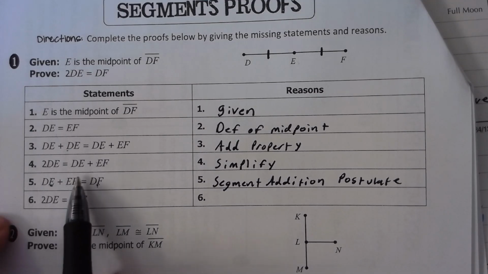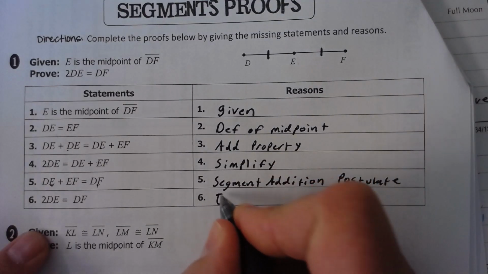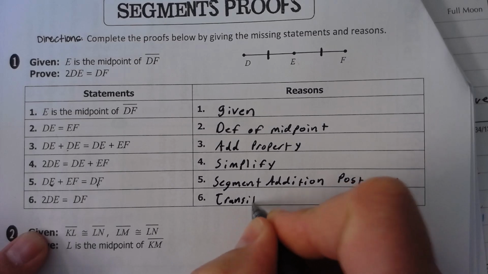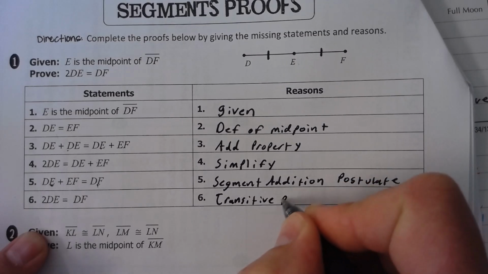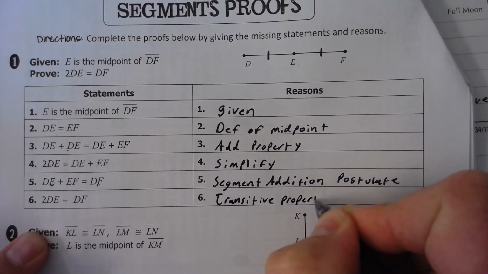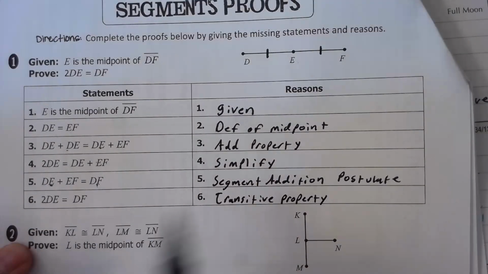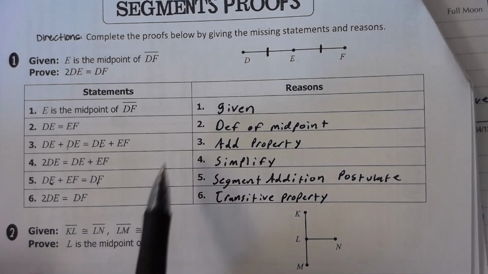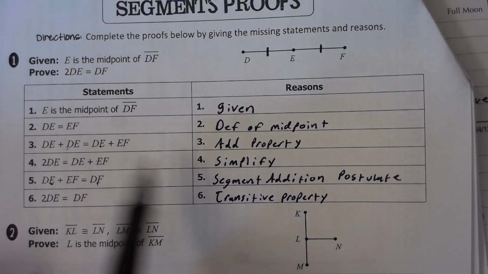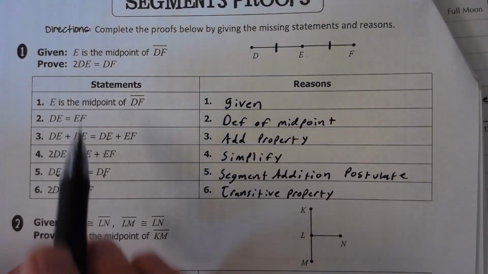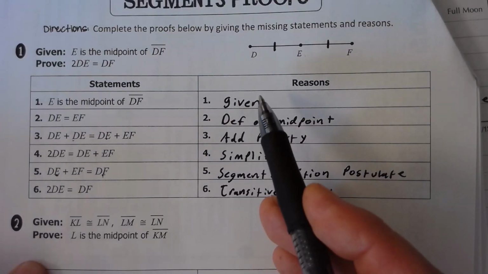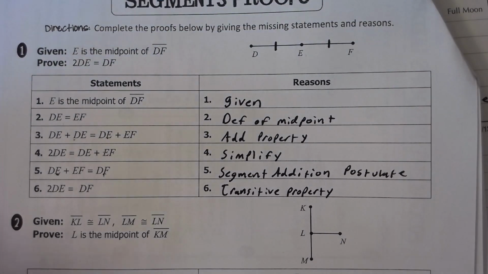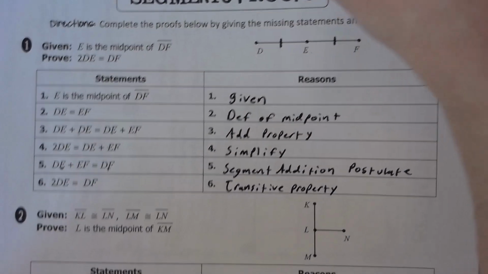So there's your transitive property. All right, so there we have proven that twice DE is equal to DF. And these are the steps, or the reasons why we can take these steps. You all already know how to do this. It's just getting in the habit of writing down your reasons why you can do them.